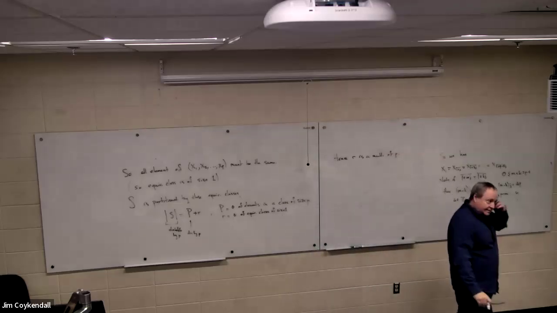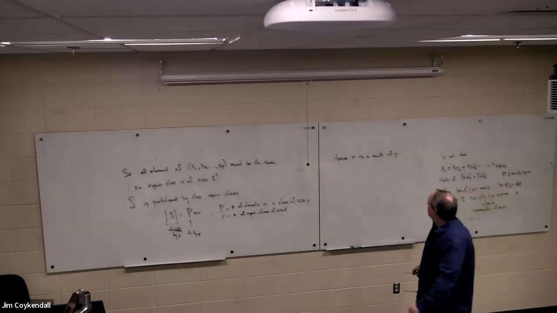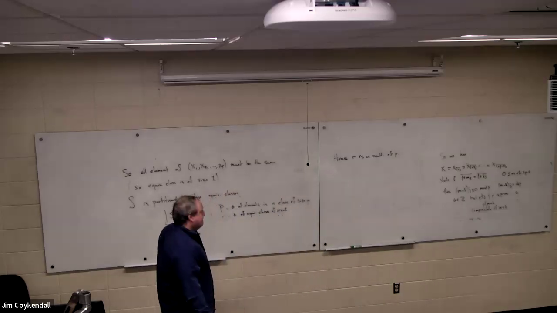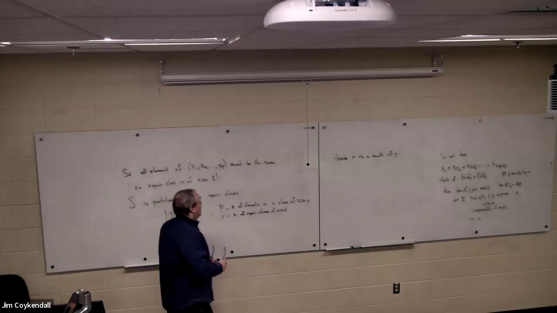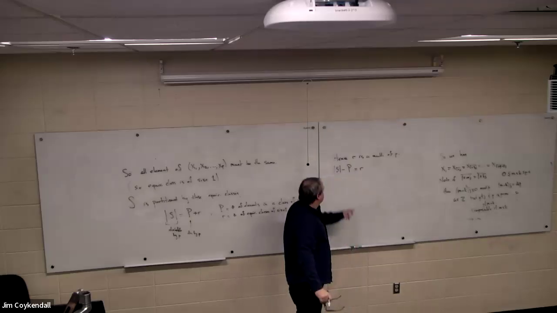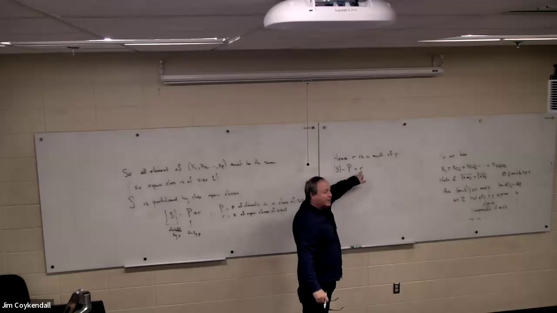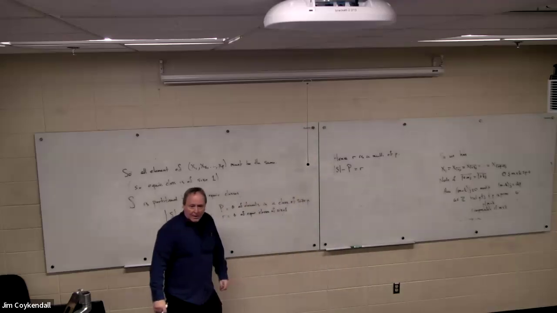Everybody with me? Can you explain why that follows from what you just said? What, R is a multiple of P? Yeah. This is a multiple of P, right? So think of it this way. There's a factor of P here, there's a factor of P here, pull them out. That means that that factor of P divides R. Everybody okay with that?